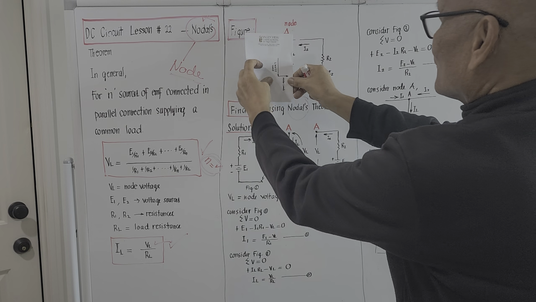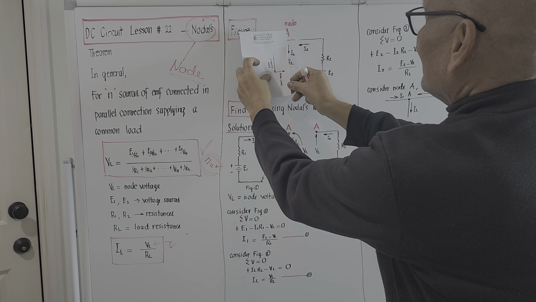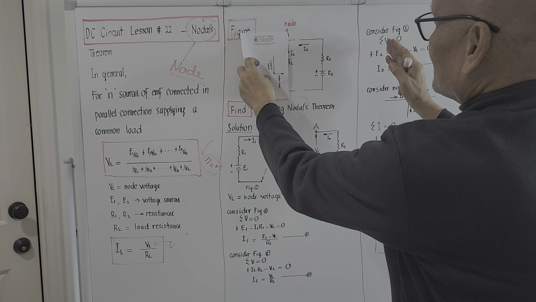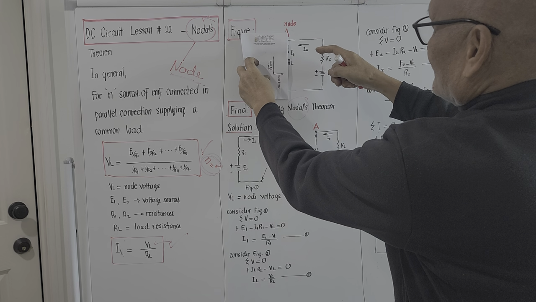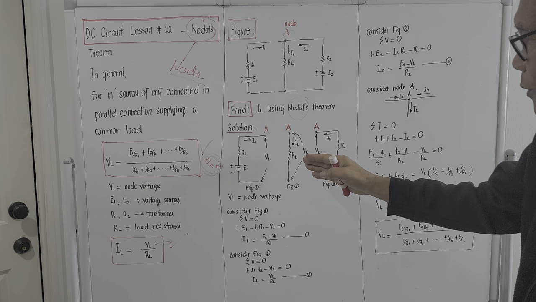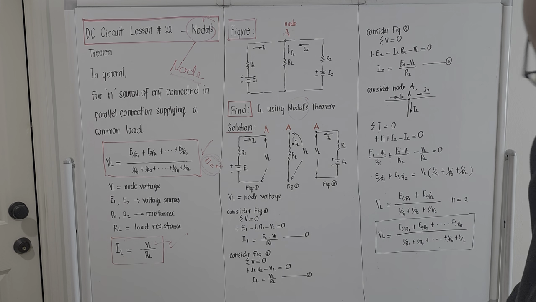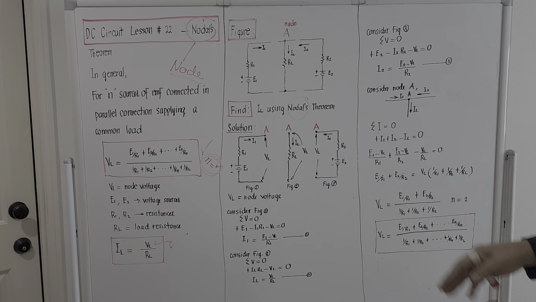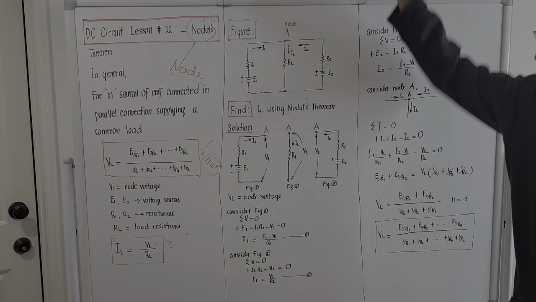We consider this portion here. We'll just consider the right side after the disconnection. This figure here is actually referred to as figure number 3 with all the proper designations. We just copy the designation here like this one.